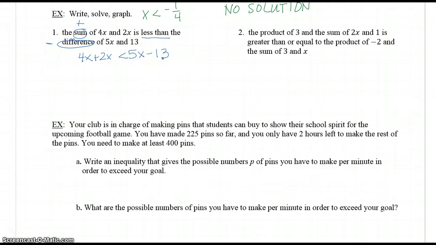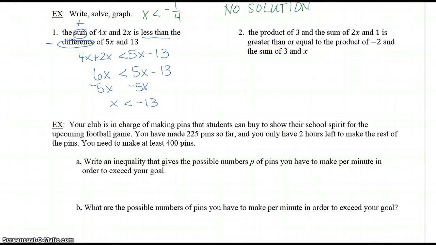On the left-hand side, I'm going to combine like terms and get 6x less than 5x minus 13. To get all of the x's together, I'm going to subtract 5x from both sides. And we just get x is less than negative 13. And you can graph that. I'm going to go ahead and skip that part for right now.